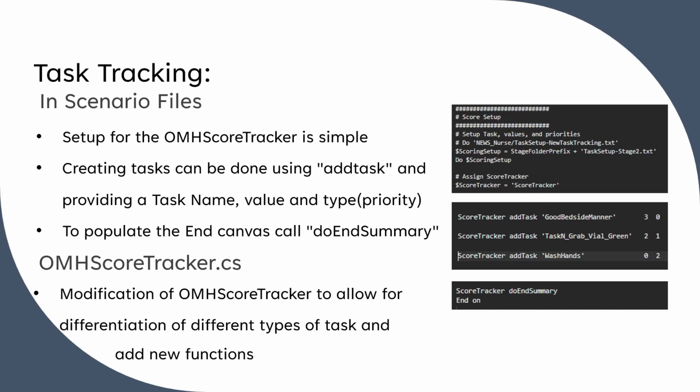Next, we have a task for grabbing a green vial, which has a value of 2, and a priority of 1, meaning it's a regular task. At the very bottom, we have a task for washing hands, which we know in a phlebotomy is a very critical task that can result in a fail of the entire simulation if you fail to do so.